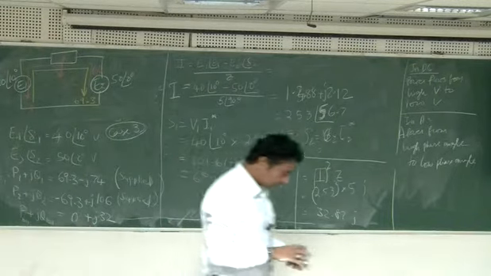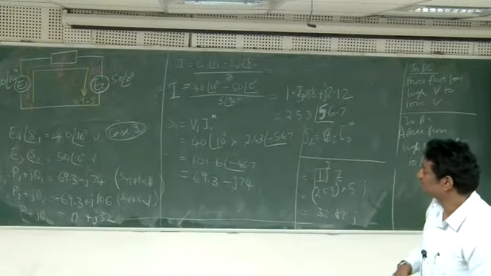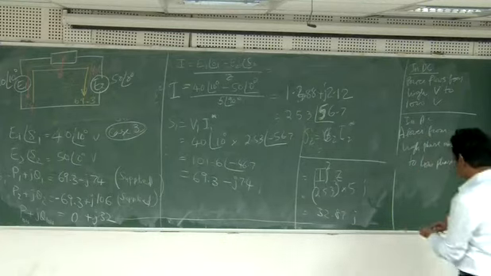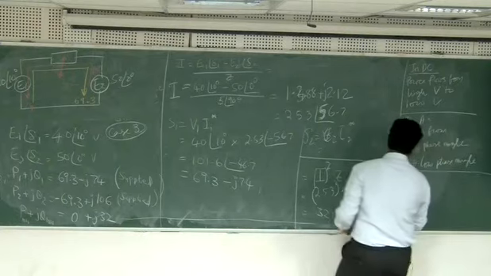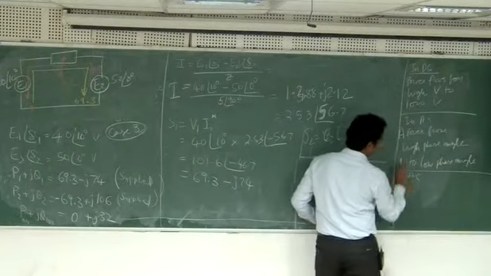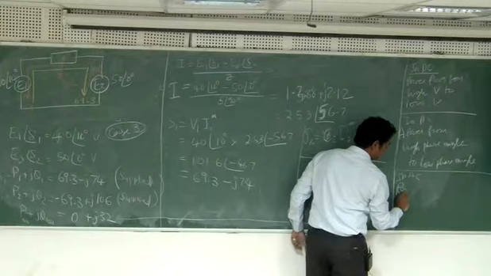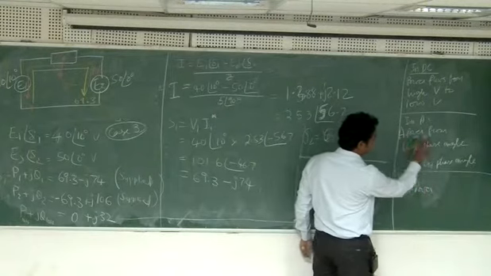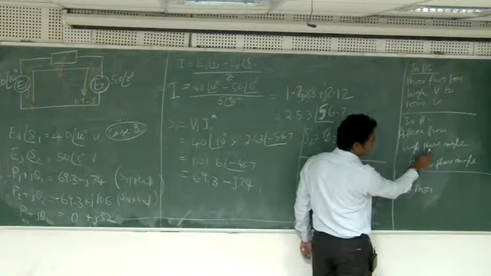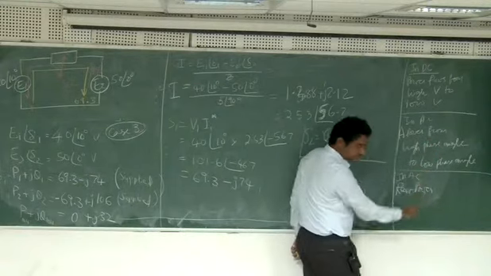Okay. Now we still have 10 more minutes left, but then if I want to summarize it, what did we learn here? So in AC, reactive power flows from high voltage to low voltage.